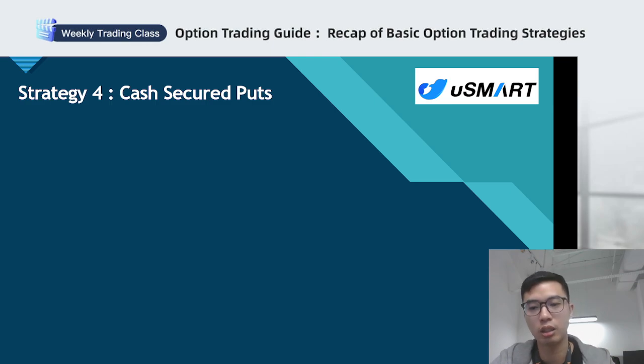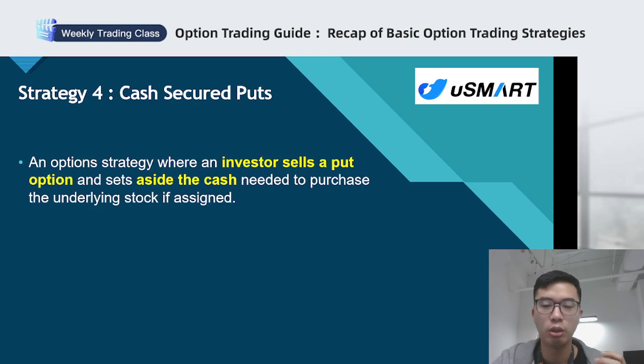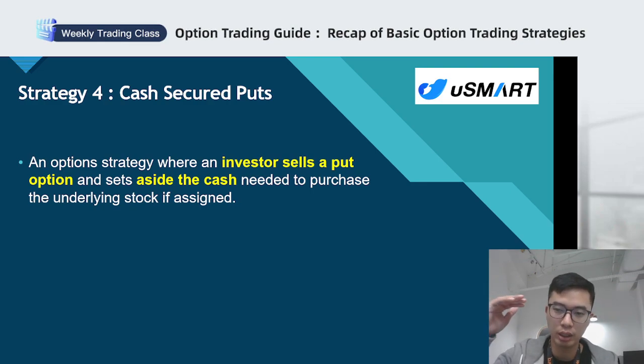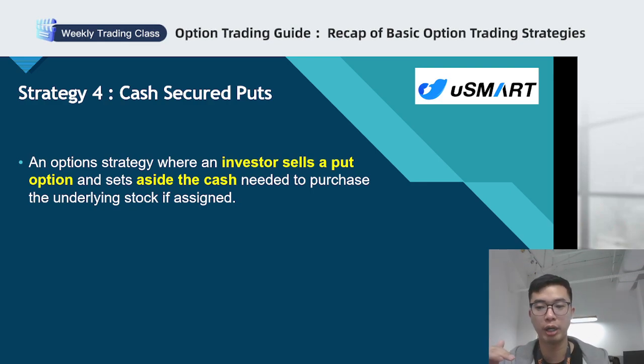So next, strategy 4, cash secured puts. It's an option strategy where an investor sells a put option and sets aside the cash needed to purchase the underlying stock if assigned. If it doesn't hit the strike price, you don't have to buy the stock, and you keep earning the premium. However, if it hits the strike price, you need to prepare cash to buy the stock. So it actually needs quite a lot of money.